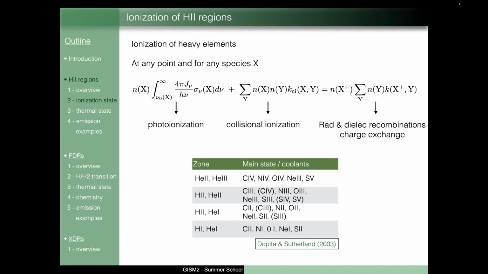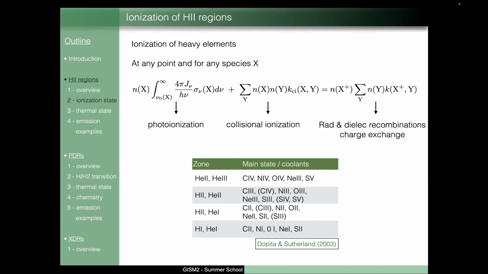You just need to solve this equation for hydrogen and helium, and then the rest of the structure is a consequence of it. So to illustrate this, I show you here the ionization equation for any element heavier than hydrogen and helium. This equation is basically the same as the one that I showed before.